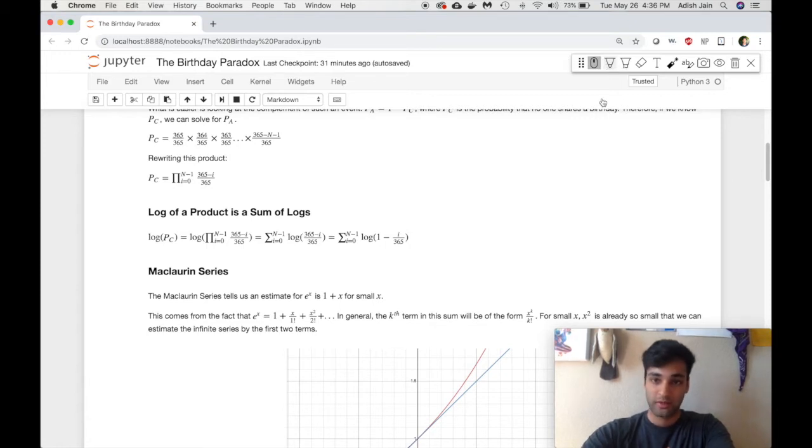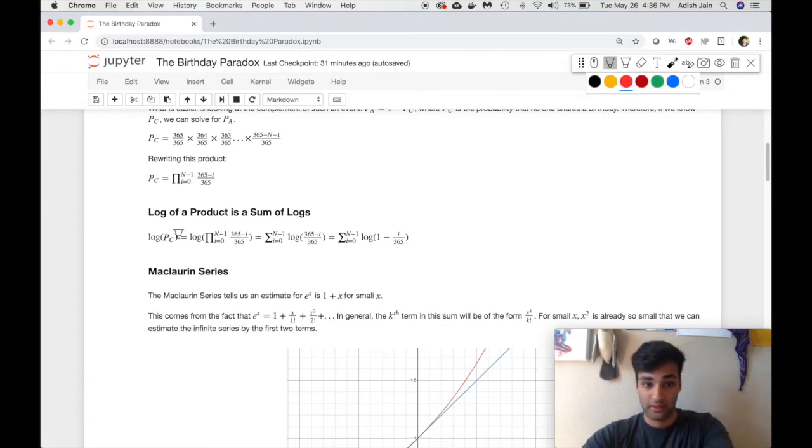That sounds a little confusing, but it's actually very elegant. So when we take the log of P of C, and P of C is just this product right here, what we actually get is now a sum of logs, right? So a log has been added to each term here, and now we're just taking a sum of those log terms.